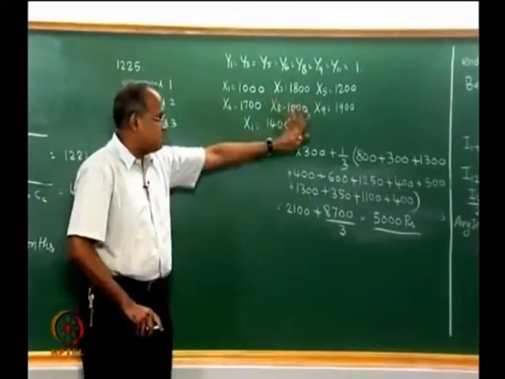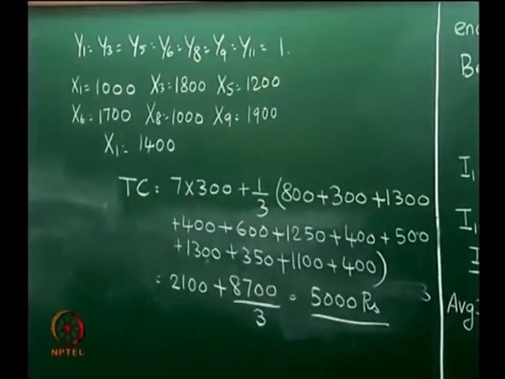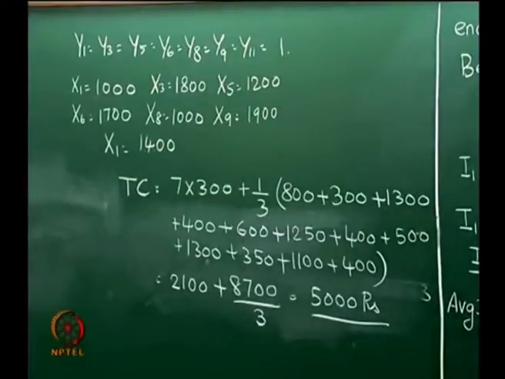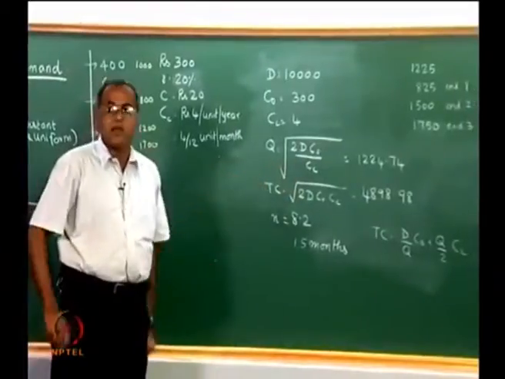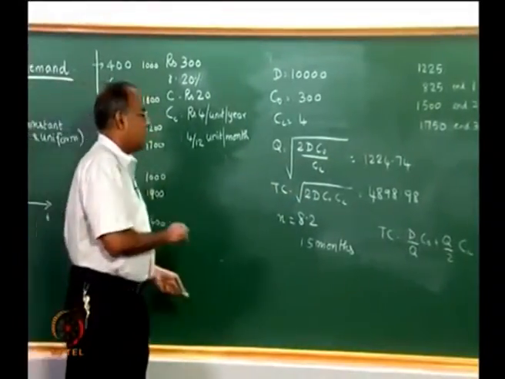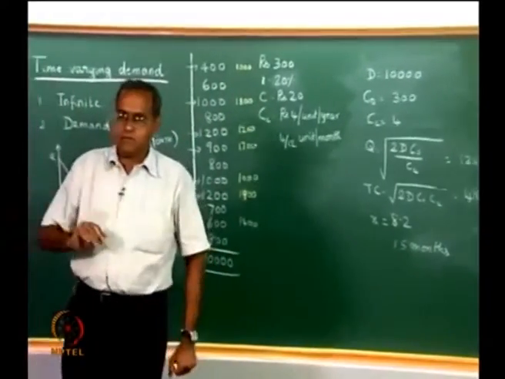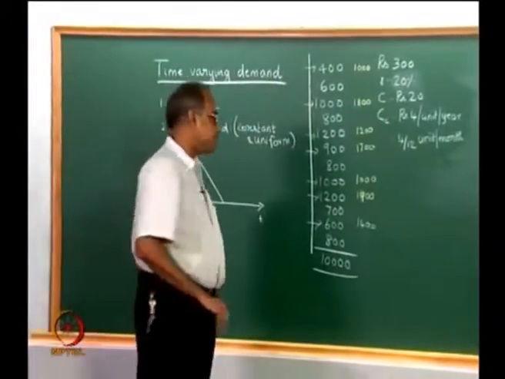So we need to use this method when we actually work with problems on time varying demand and not approximate the economic order quantity. Now another area where the economic order quantity can suffer is this.